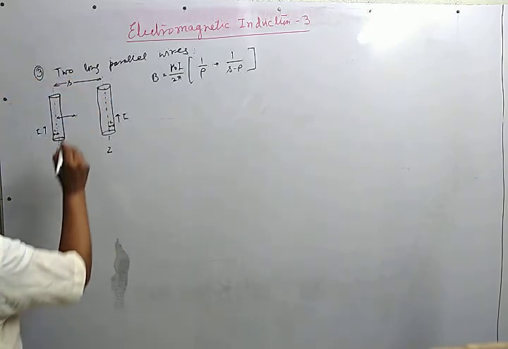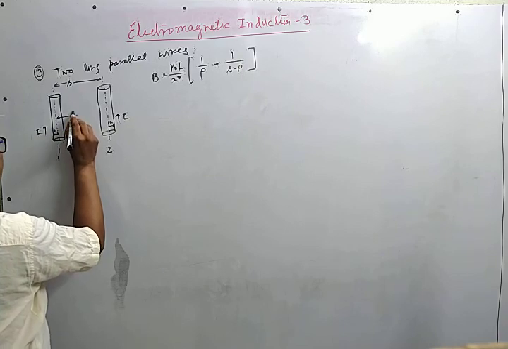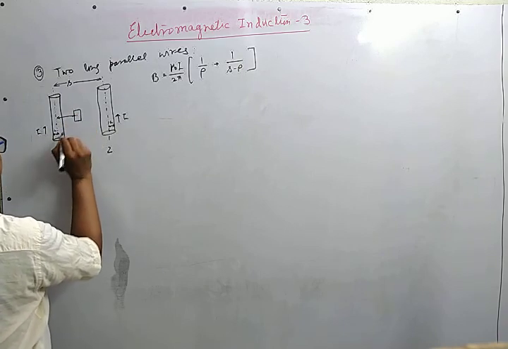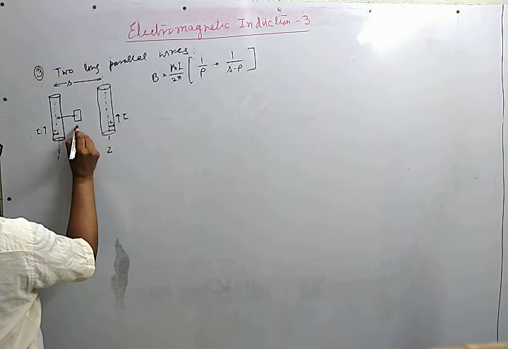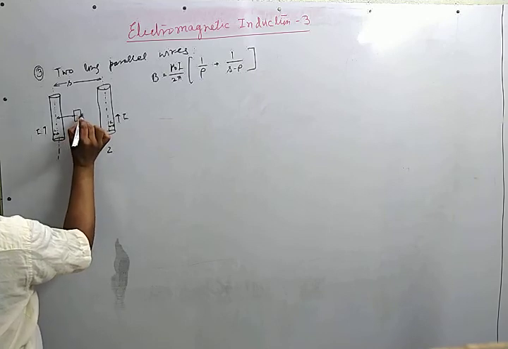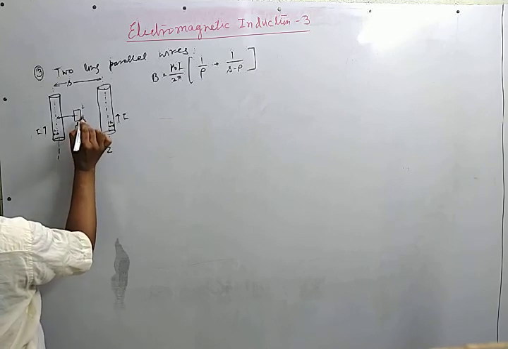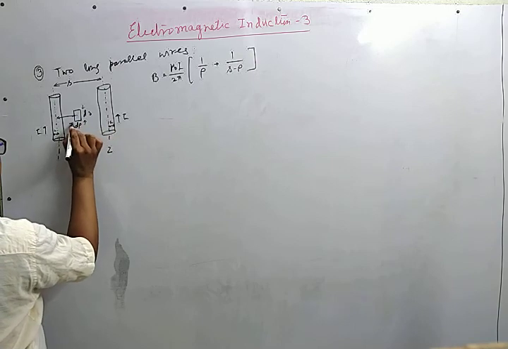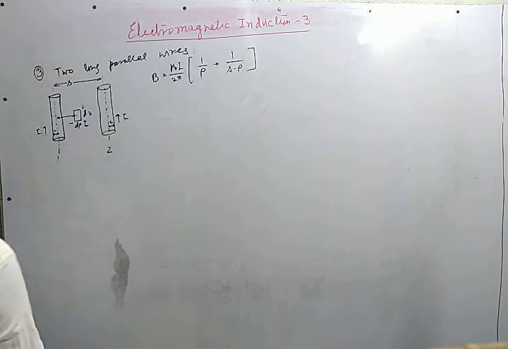And if we consider a cross-sectional area, this much is d rho, this much is dz, this is d rho dz.